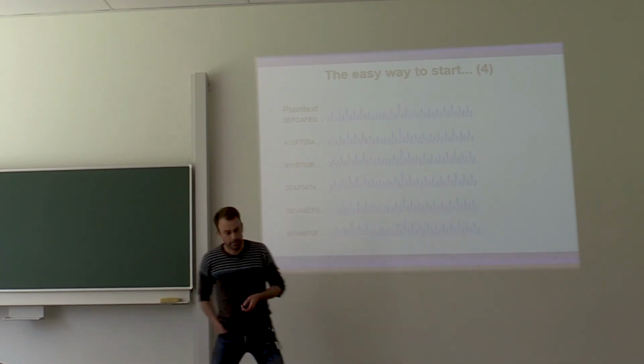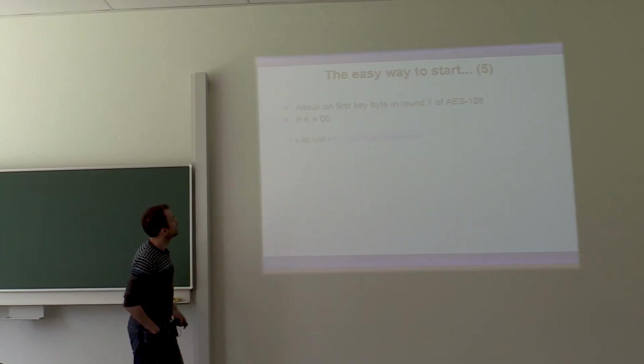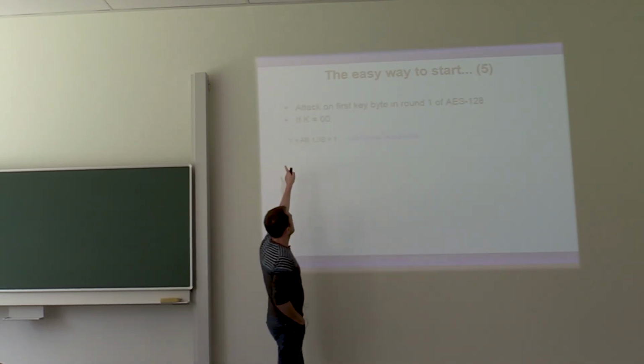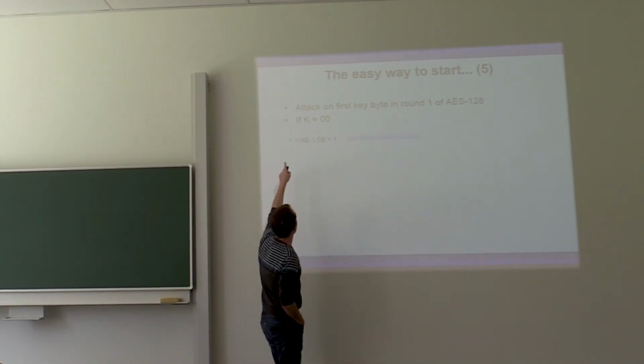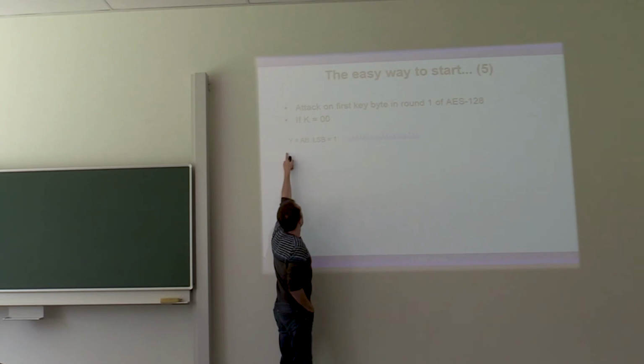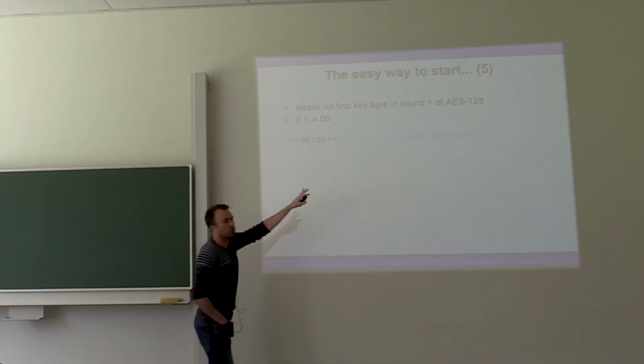To put this into a picture, we have measurements with associated plaintext. Now we start. We take the first measurement and we say, let's assume the key is 0. Then my S-box output will be this value, and in this case the LSB is a 1. So all the ones with a 1, we put on the right side.